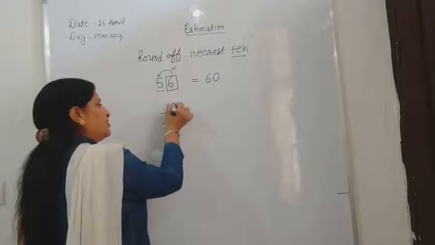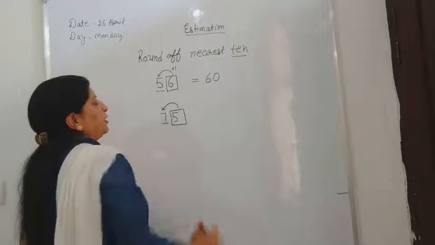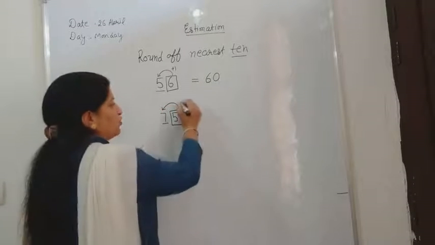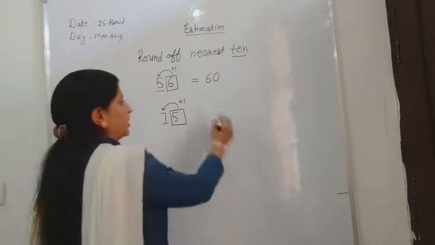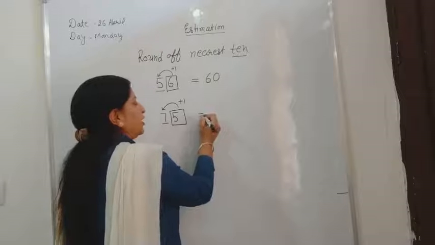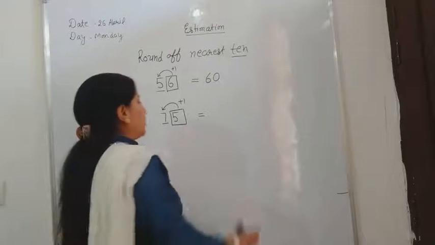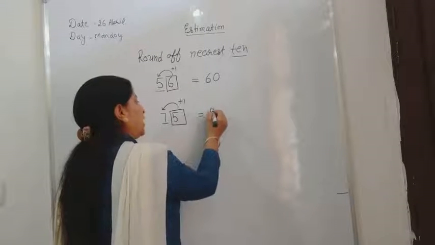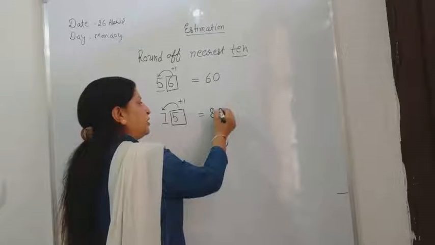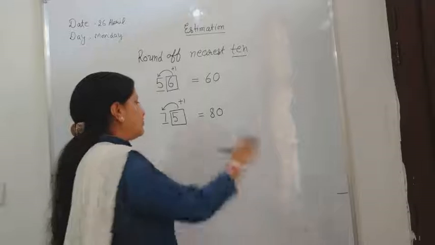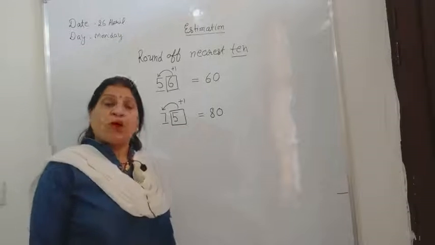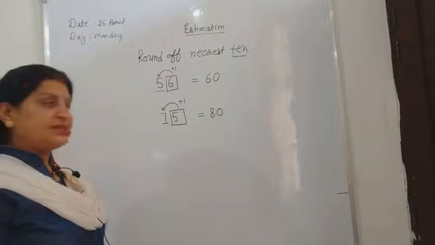Again we see that this digit is equal to 5, so we add 1 to the tens place digit. After adding 1, the tens digit becomes 8 and the ones place digit becomes 0. Clear? Because we replace the box digit with 0.